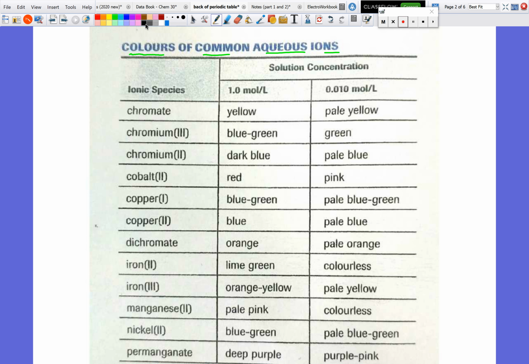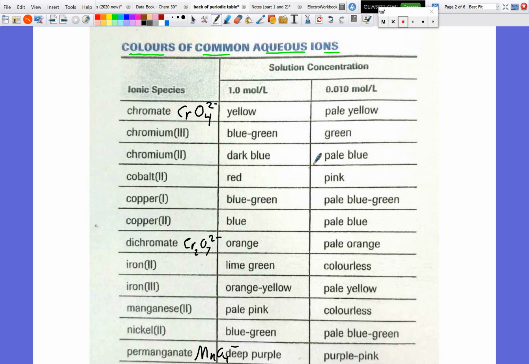Chromate, just in case you're wondering, is CrO4, I believe, and dichromate is Cr2O7 2 minus. Then we have our iron 2 ion, iron 3 ion, manganese 2 ion, nickel 2 ion, and permanganate is MnO4 minus. And these are just the general colors.